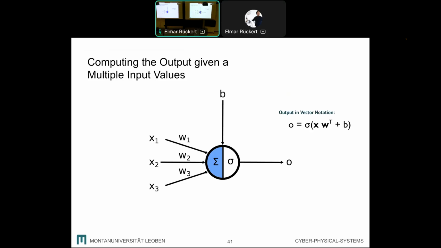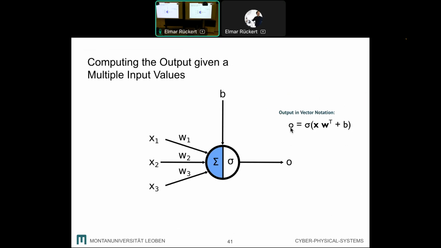And you see it here. I see that we have now 3 inputs, 3 W parameters that we can learn, and a single bias term. I can say now, okay, the output is given by the transformation function of x times w transpose. This is the transpose operator plus our bias term.